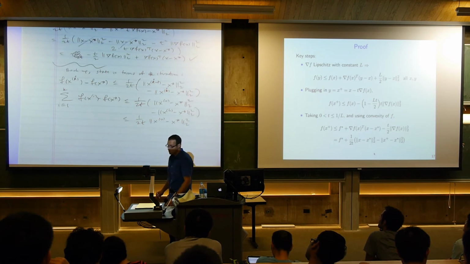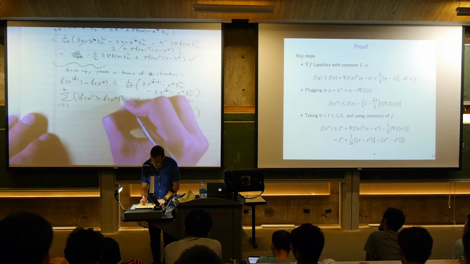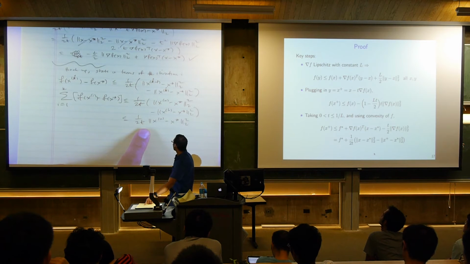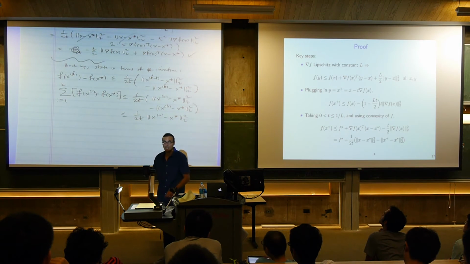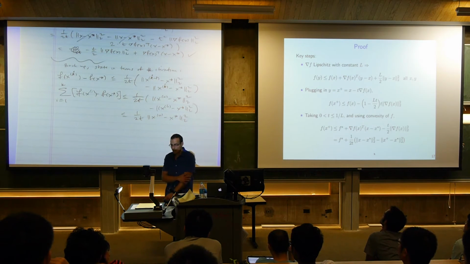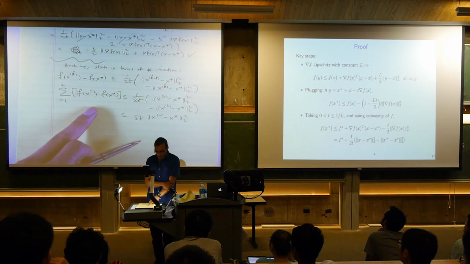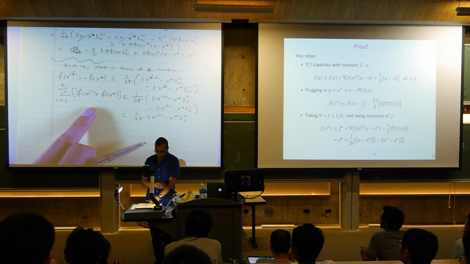Okay, so now this should be looking quite familiar given the rate. This is pretty much the rate that we proved. It was this divided by k. So where does that come from? Here we have the sum of the suboptimalities across all iterations going from 1 through k.